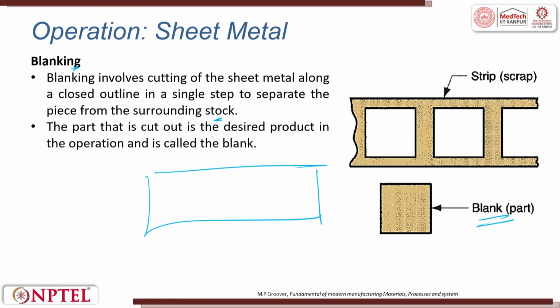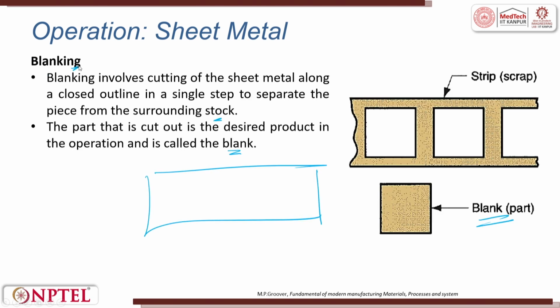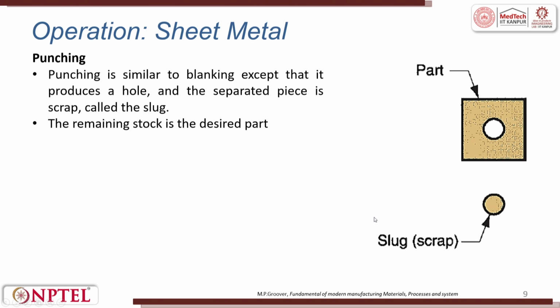The part that is cut out of the desired product in the operation is called the blank. Punching. Whatever comes out of the sheet is called the blank. Now in this blank, if you want to make a hole, it is called punching. Punching is a similar operation to blanking, except that it produces a hole and the separated piece is a scrap or a slug.